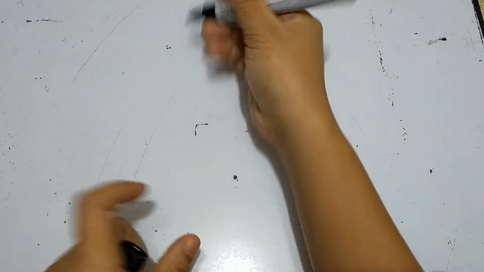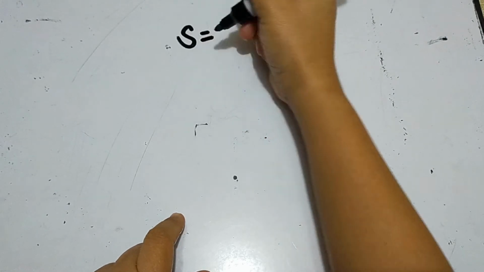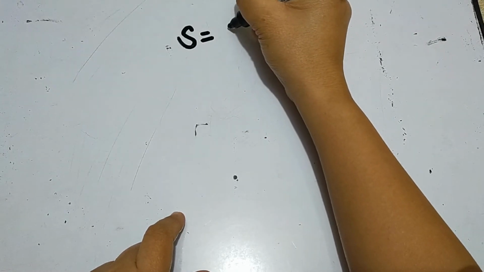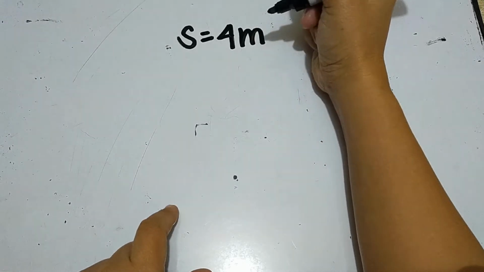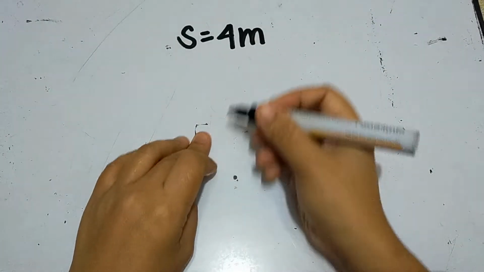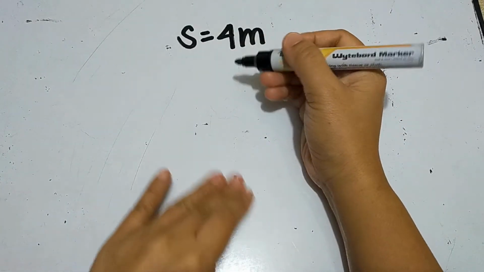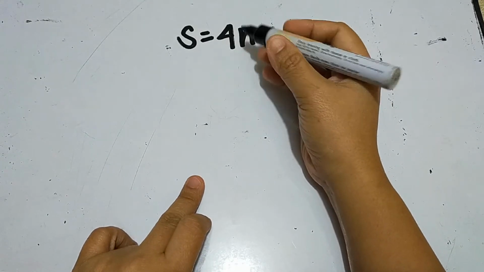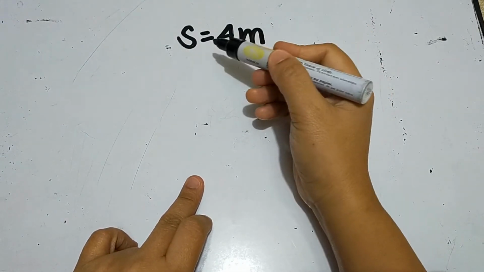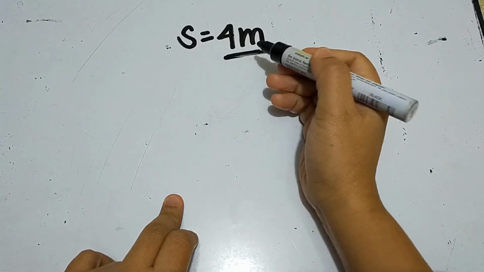Okay, so another example. Let's say, halimbawa, may given na side equals 4 meters. Okay. How are we going to compute this? Since na ang given ay isang side lang, so that means you have to find the volume of a cube with this side.